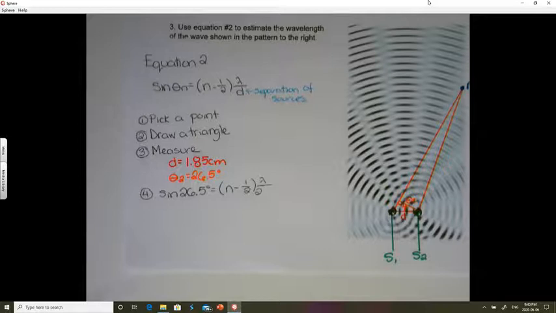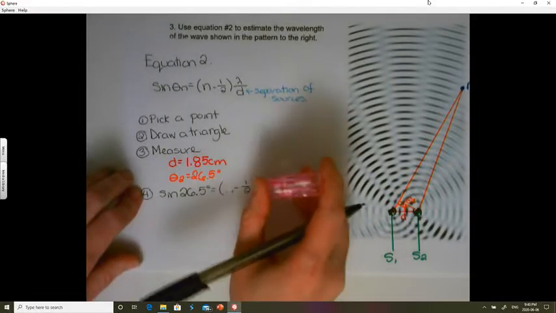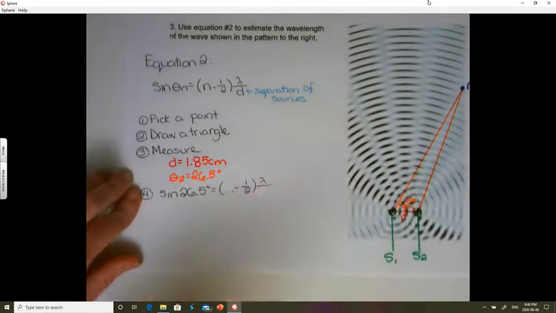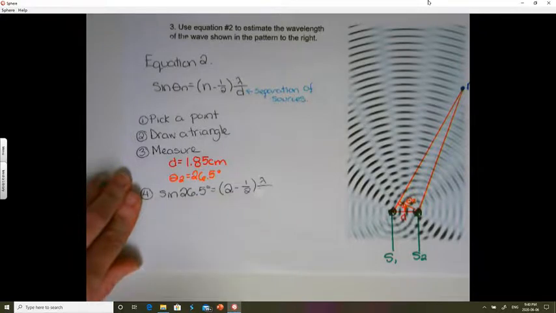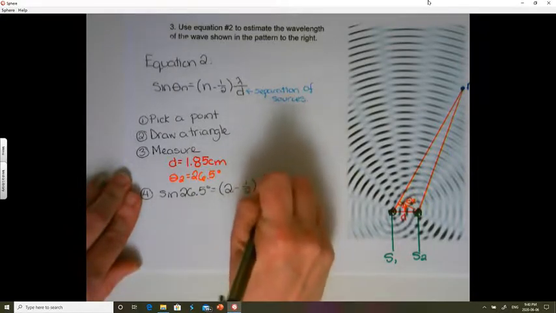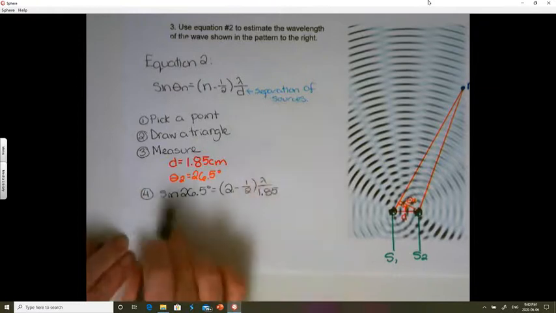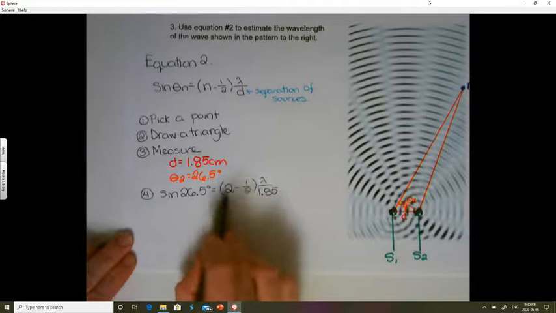Already there, a few substitution faux pas. All right. And we should be substituting 2 for our nodal line. And then for our separation of sources, we have 1.85 centimeters. Now, this is just going to give us a dimensionless value. This is a counting number.